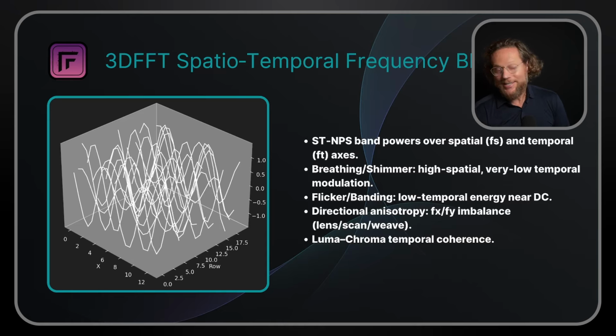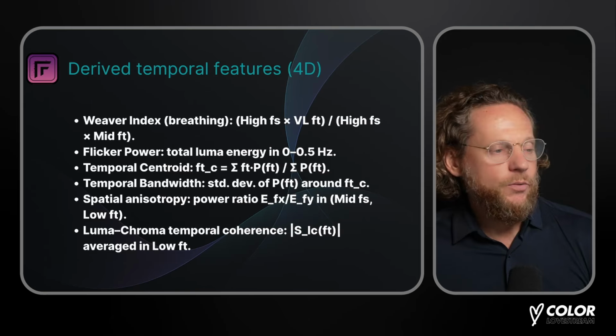And the digital grain doesn't do that. Digital grain changes only your luma value. Your chroma is consistent. Remember, we learned it's all monotonic. So this luma-chroma temporal coherence value allows us to measure whether our grain emulation is performing in that domain as well.